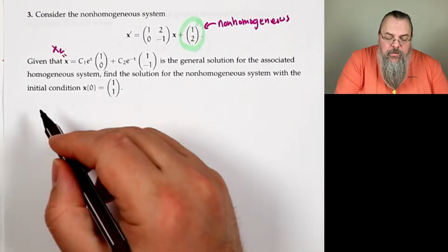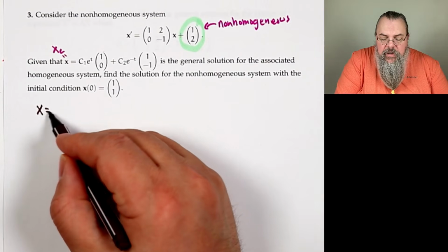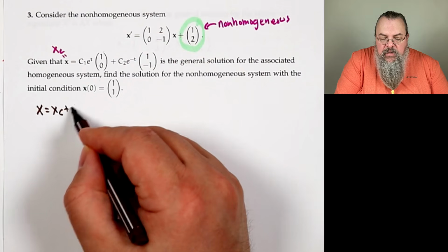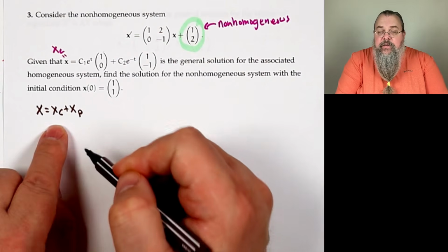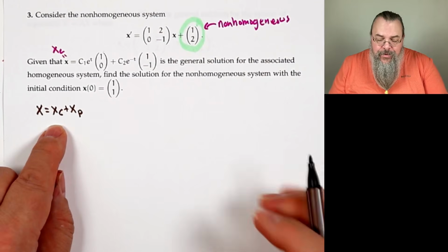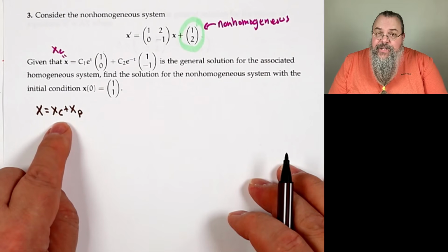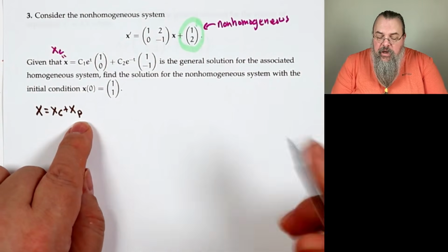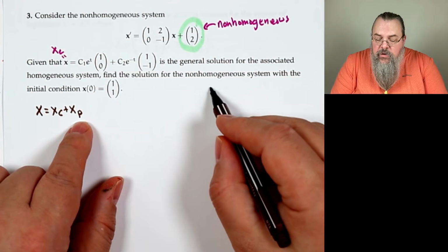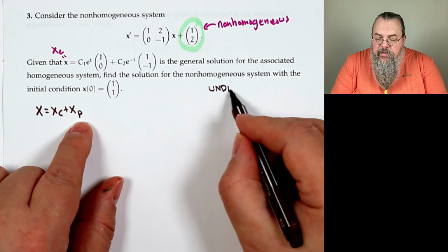So, what do we have? Well, in general, we have x looks like xc plus xp. Now, xc is given to us, so we're not going to do any work to find that. Because xc is given to us, we're ready to tackle xp. And so for that, we're going to use undetermined coefficients.